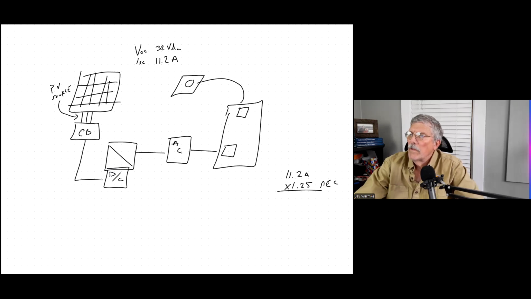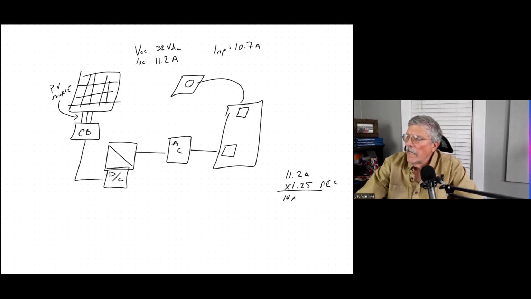That's the ISC. It's probably going to be operating at the IMP, and the IMP here might be, let's say, 10.7 amps. It's going to be less. But we want to take the maximum, right? We're going to take the worst case scenario. So we'll always use the ISC because that's the theoretical maximum. So now 11.2 times 1.25, we get 14 amps.